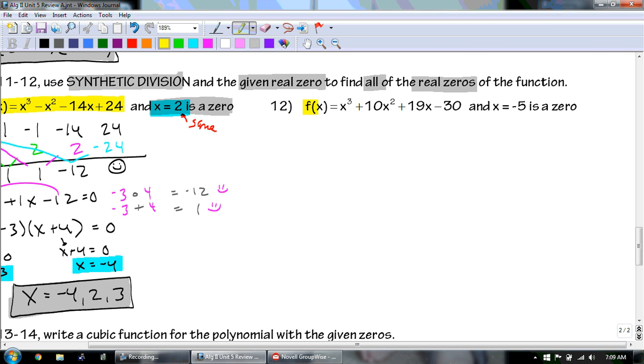Number 12, we've got our f of x. We've got one of the answers. So -5 goes inside, and then we have 1, 10, 19, and -30.